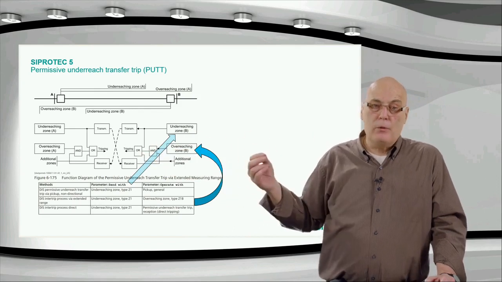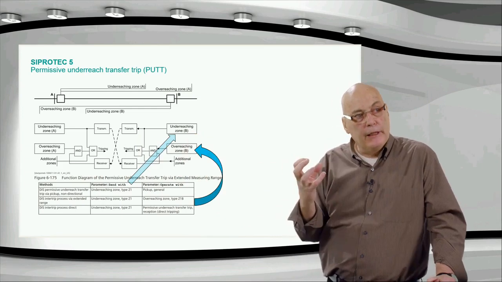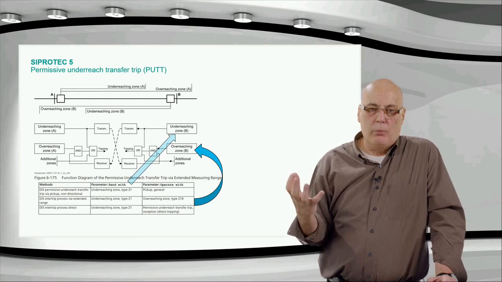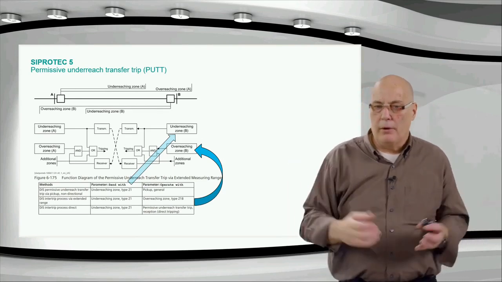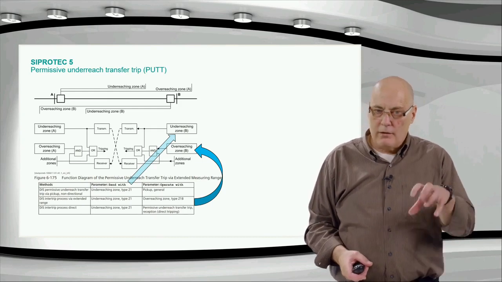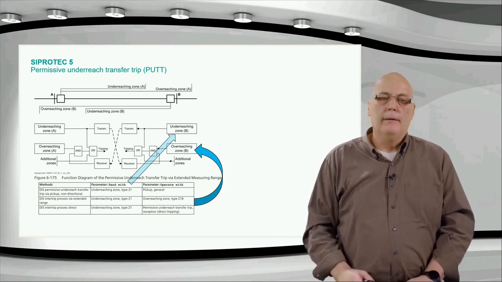You don't do this because there is always a risk of a mistake by the communication. If the communication sends you an unwanted command just by accident, and there are some statistical probabilities, I don't know whether 10 to the minus 4 or 5 is the probability. So if you've got 10,000 power line carrier systems, you'll get about 1 unwanted command per year or something like that.